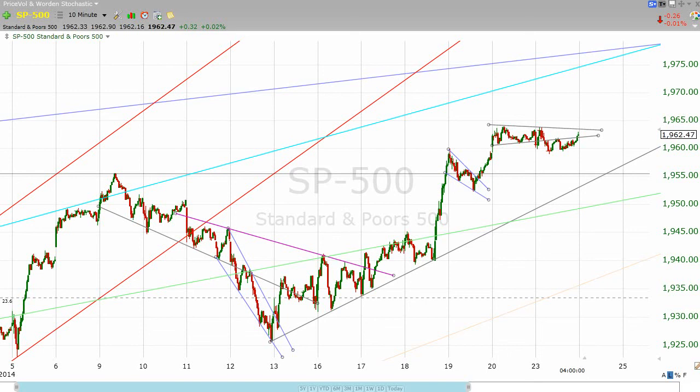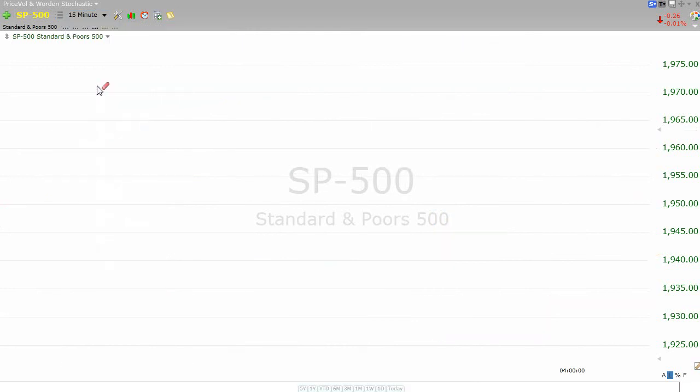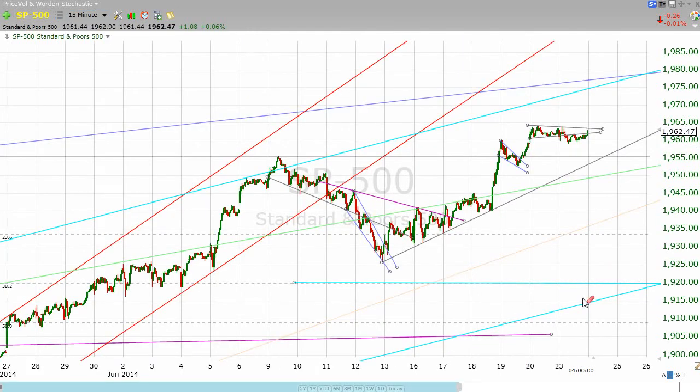What would it take to change my mind? Well, frankly, for me to give up on that inverted head and shoulders pattern, it would take setting a low at some point underneath 1925.